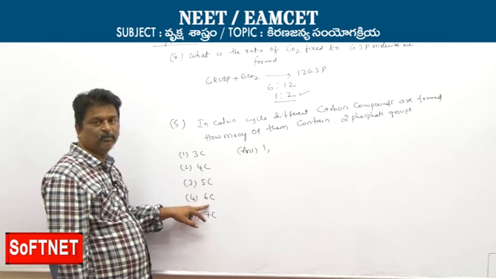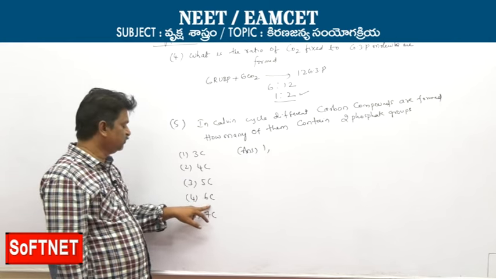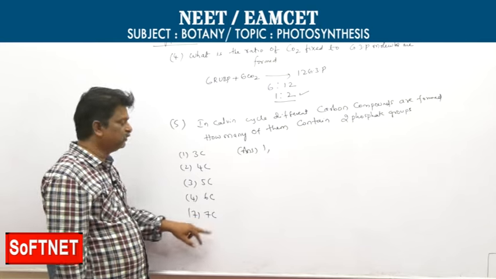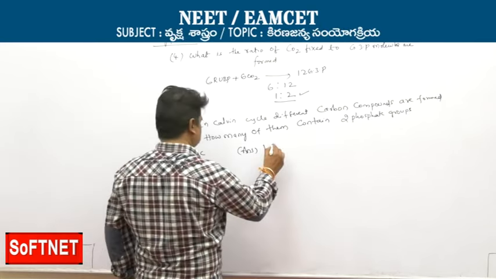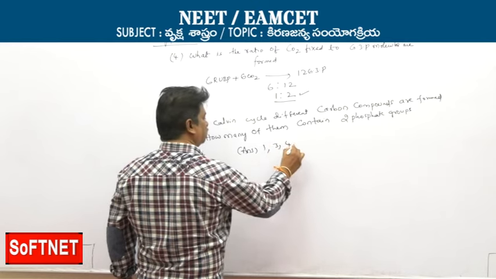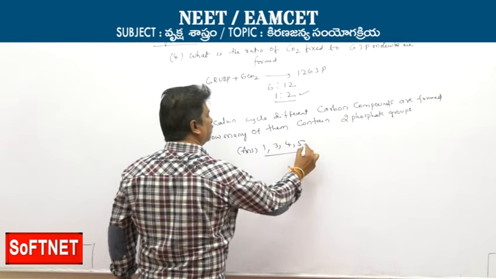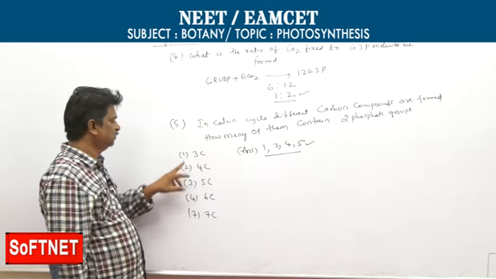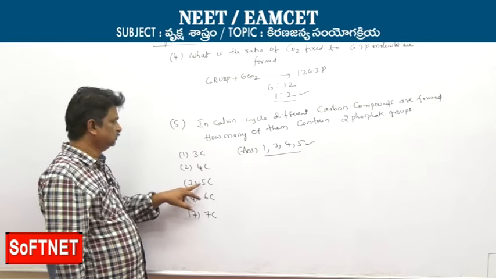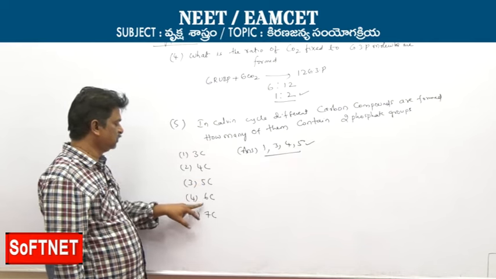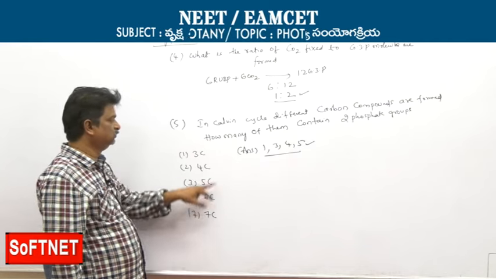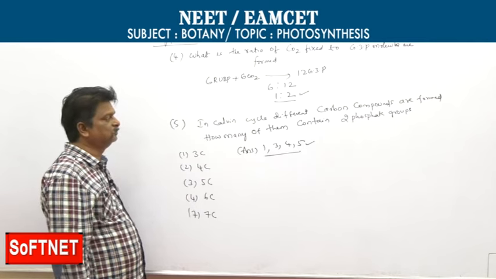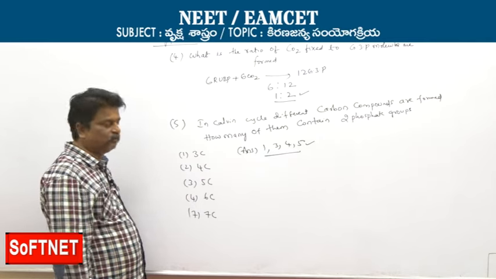Then 6 carbon compound, fructose 1,6 bisphosphate. Then 7 carbon compound, sedoheptulose bisphosphate. So answer is 1, 3, 4, 5. These 3 carbon, 5 carbon, 6 carbon, 7 carbon. These 4 contain bisphosphate groups and also monophosphate groups.